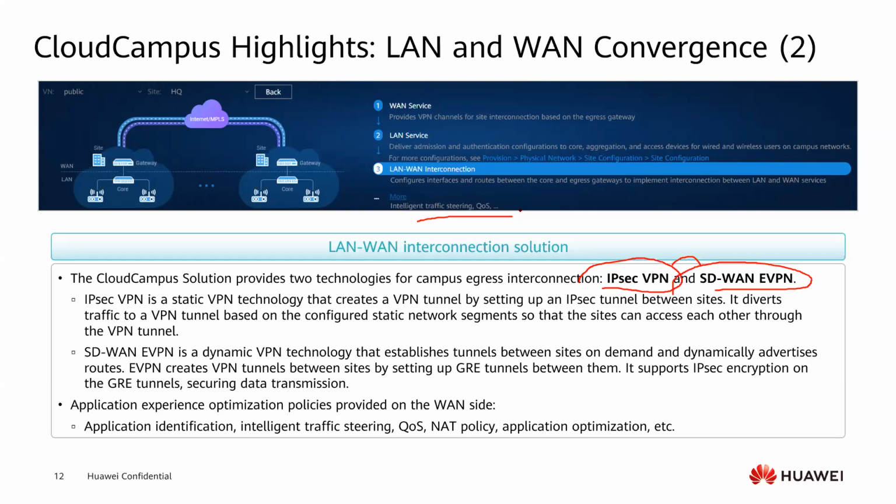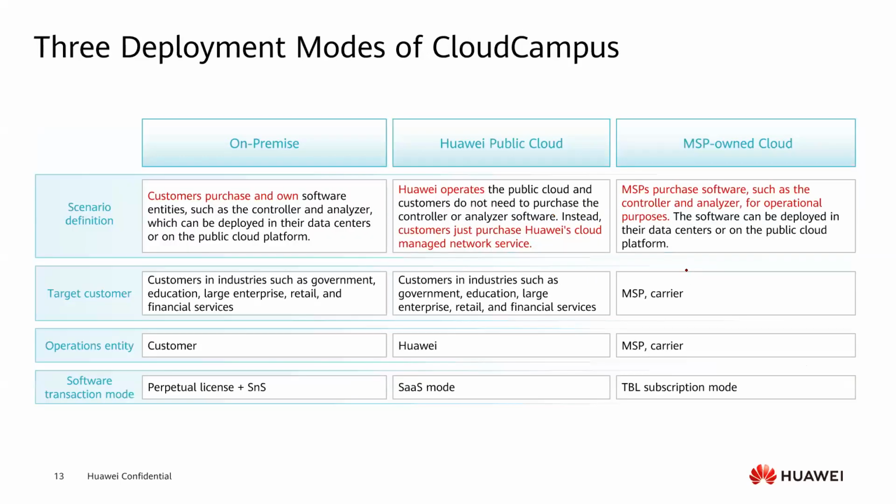All of them are the same as the SD-WAN solution. And we will introduce the Huawei SD-WAN solution maybe from this Wednesday or this Friday. So we will not talk about the detail today.